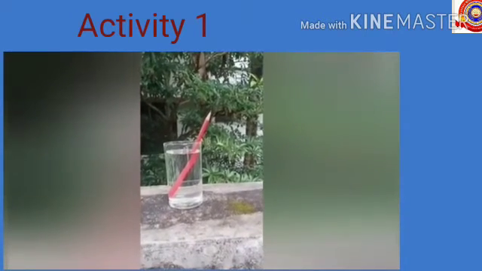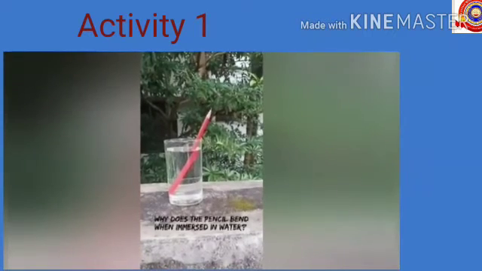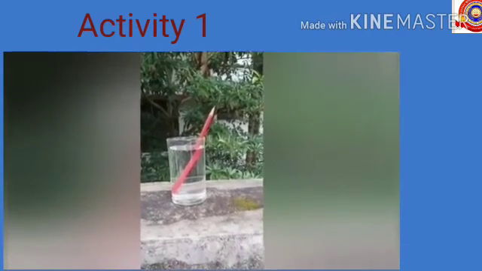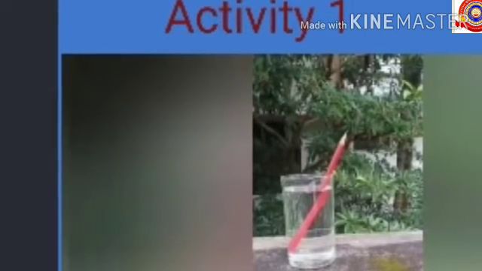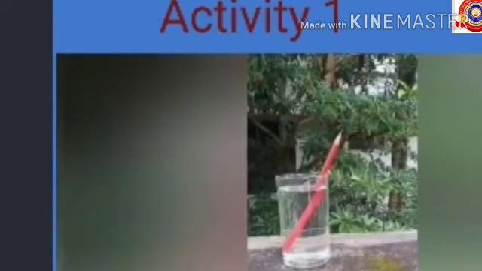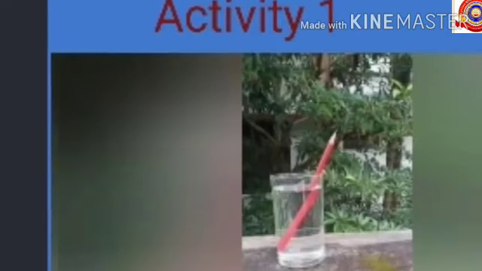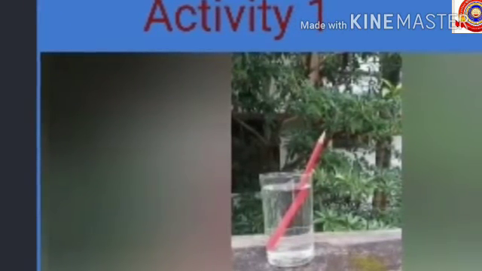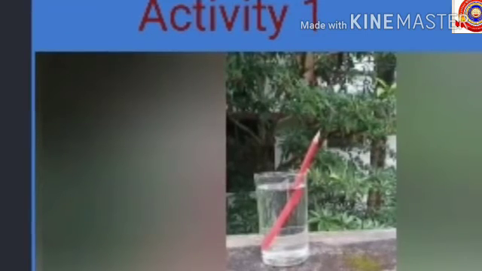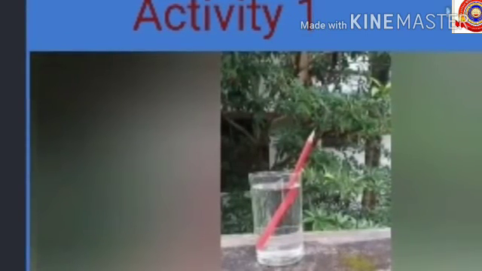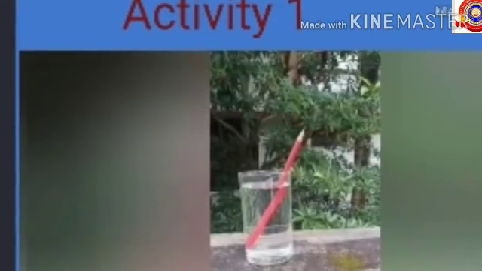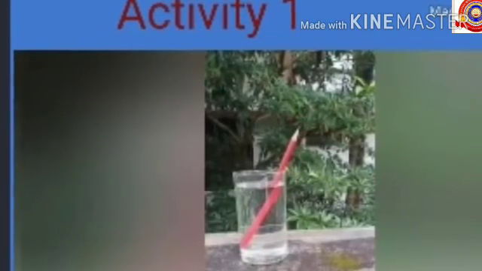Yes, the pencil bends. It is due to refraction that the pencil appears bent. The rays of light reflected from the portion in air do not undergo any deviation, but the rays of light from the portion within water reach the eyes after undergoing a deviation. Hence we feel a shift in the position of the pencil. So this is the reason for the bending of the pencil inside water.